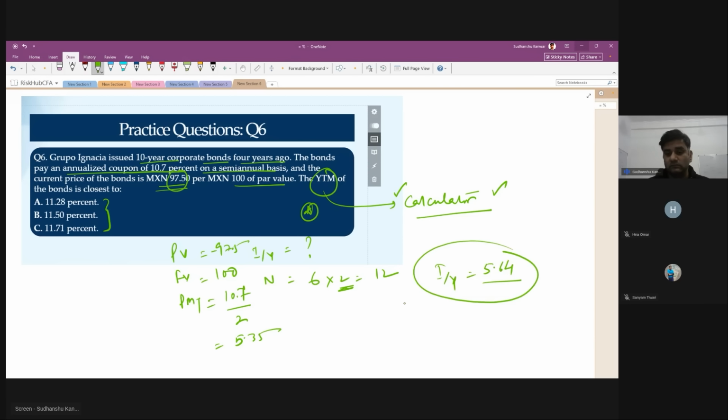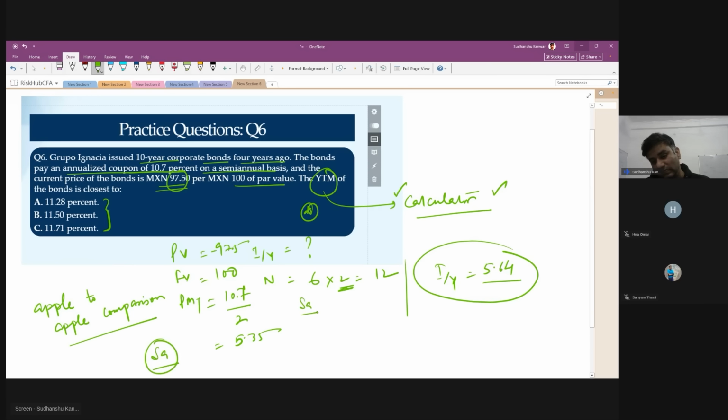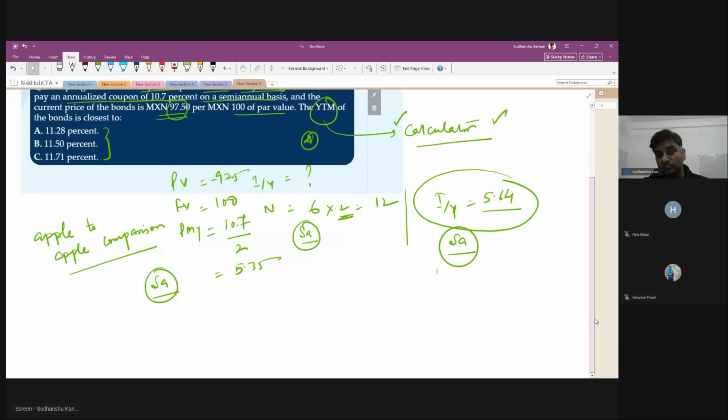Again, the logic is very simple. I told you that day also, it is an apple to apple comparison. Always remember discounting, interest rate, everything. If your PMT is semi-annual, N is semi-annual, your I/Y, which will come out by the calculator, will also be semi-annual.